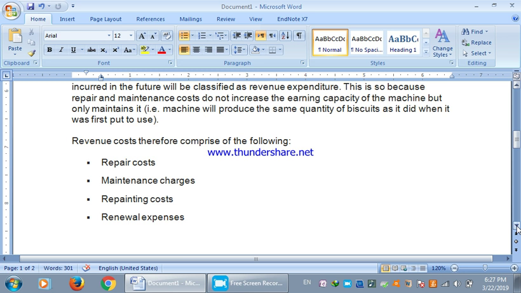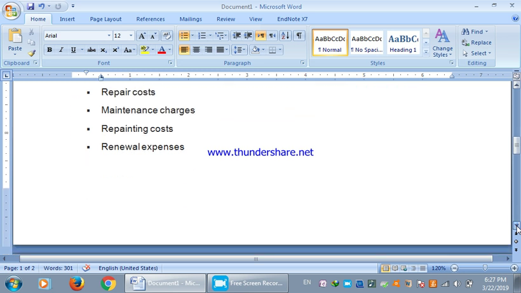So all those expenditures whose benefit would be derived for more than 1 year would be treated as capital expenditures, and such expenditure would be treated as an asset, and the process is called capitalization. On the other hand, revenue expenditures are done for routine activities, and such expenditures will be treated as expenses of the current year.